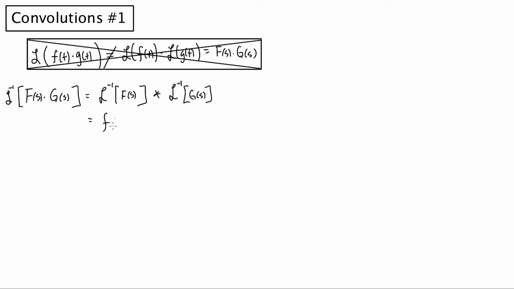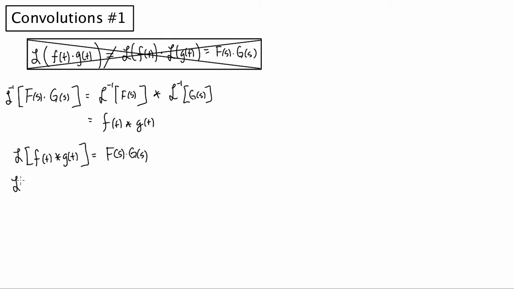And so one direction to remember this formula in is that the Laplace transform of f of t convolved with g of t is F of s times G of s.